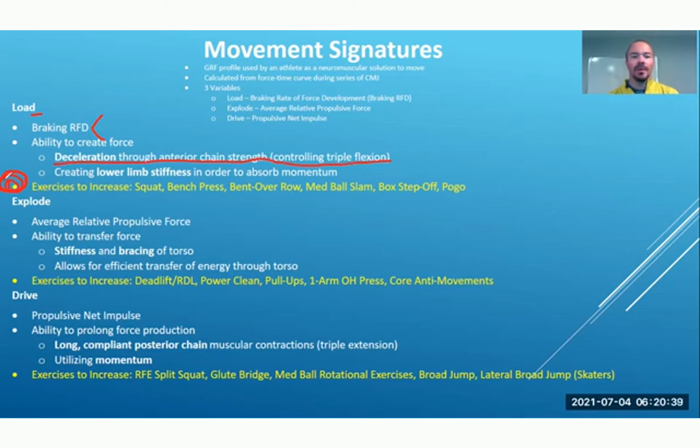Squat, bench press, bent over row, med ball slam, box step off, pogos. Big movements that challenge your anterior chain and your core stability. So who has good load? Big, strong individuals. Well, not necessarily big, but strong individuals. If they are good in the weight room, they tend to be good at those movements, which is kind of obvious to watch.